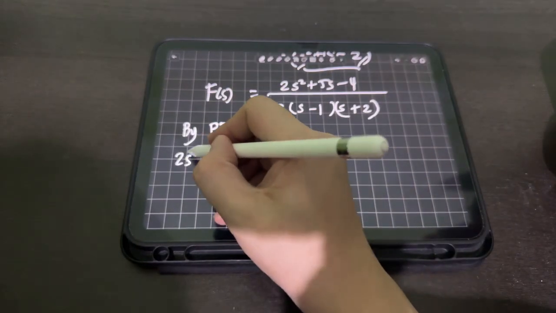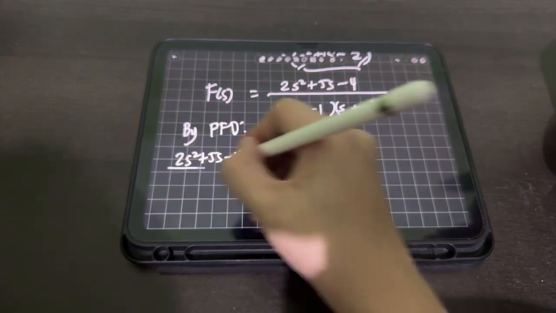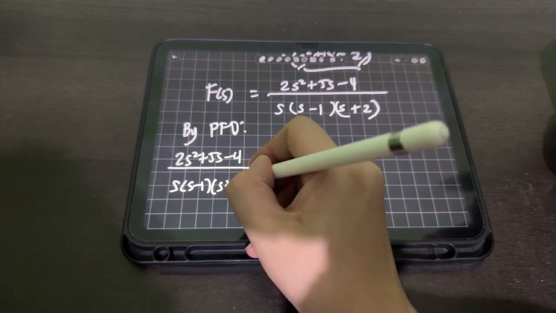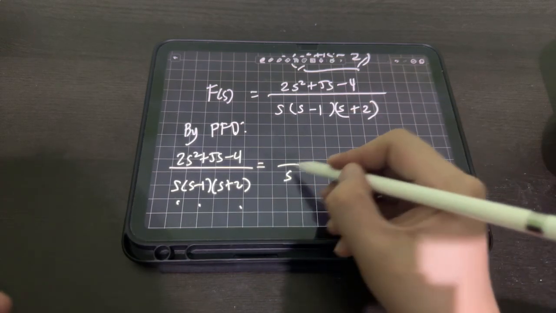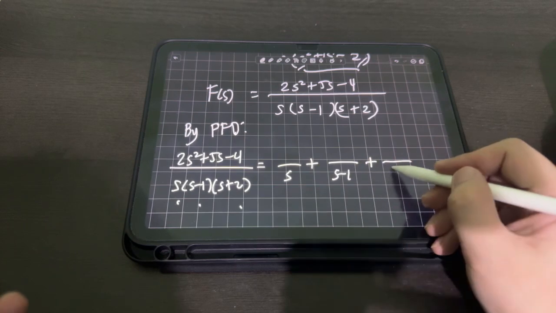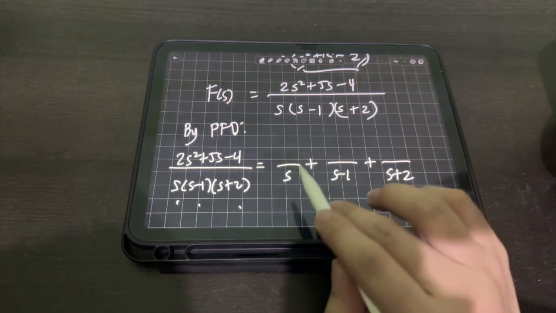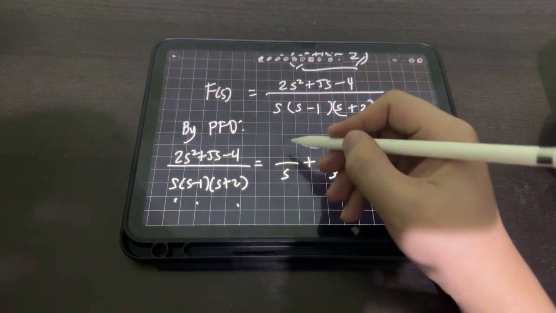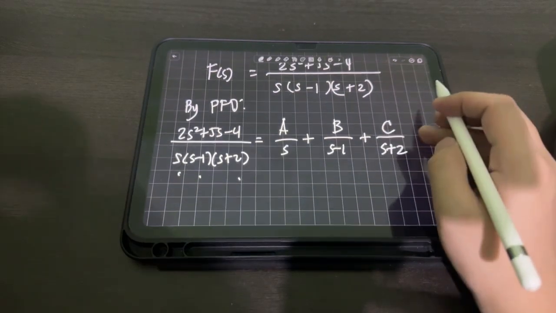So we have 2S squared plus 5S minus 4 over S times S minus 1, S plus 2. So consider each factor: we have over S minus 1, and over S plus 2. And just put any unknown constant variable on the numerator. Let's have capital A, capital B, and capital C.